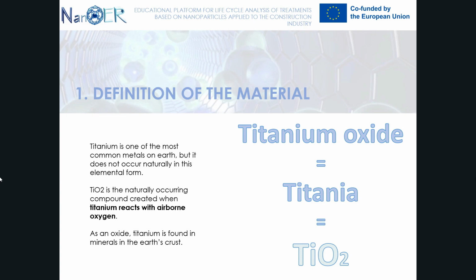It is also found with other elements, including calcium and iron. TiO2 is typically thought of as being chemically inert, meaning it does not react with other chemicals and is, therefore, a stable substance that can be used in many different industries and for various applications.